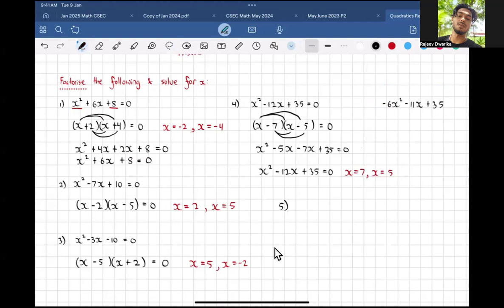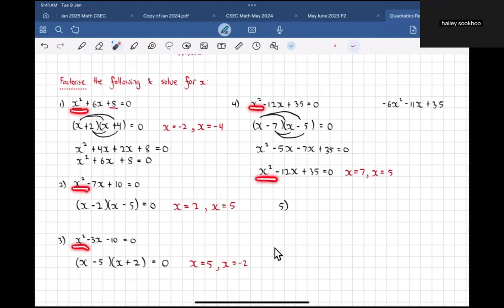So Haley, in all of these questions, what was the coefficient for x squared? Vade, you could answer too if you want. What are all the coefficients equal to? A simple question.